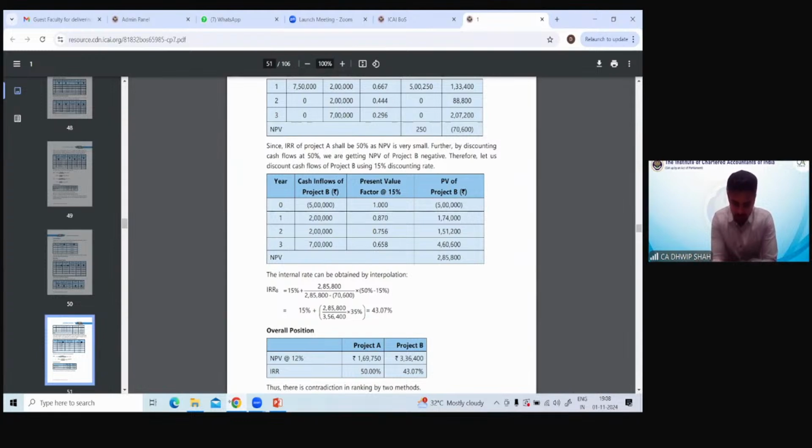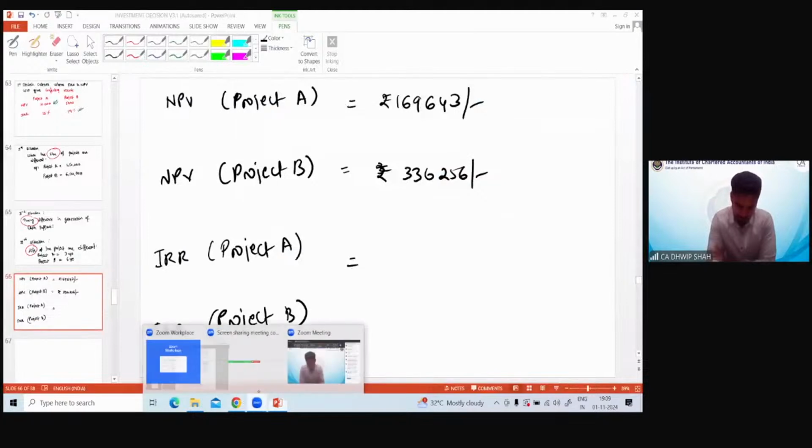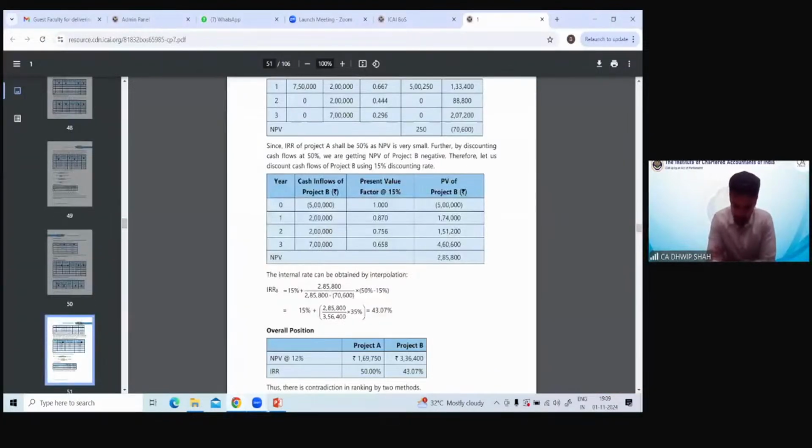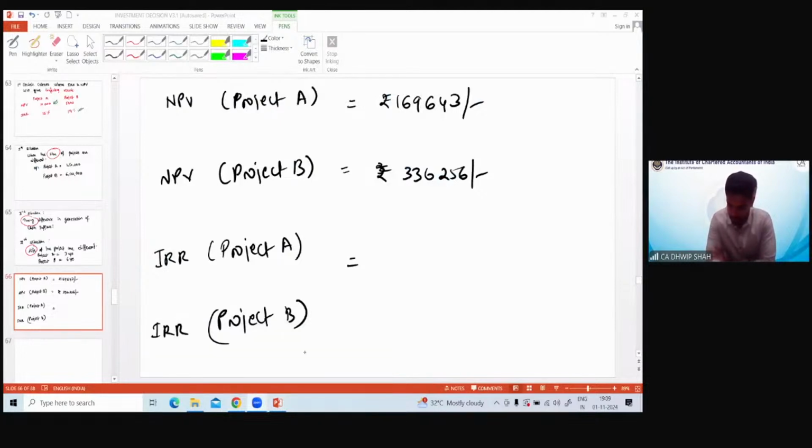Because here, since project A has an IRR of 50%, there would be many trials that you need to take. 52.22.